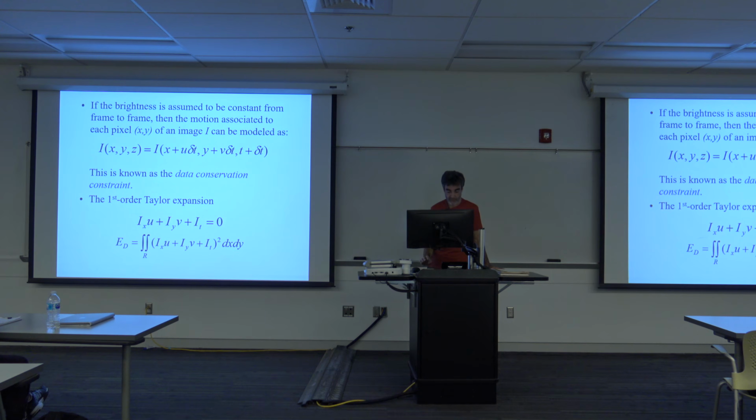That's it. So to do that, we derive the first order Taylor expansion of this criterion right here, which gave us this equation right here, right? So by doing the first order Taylor expansion, that allows us to linearize this model, right?